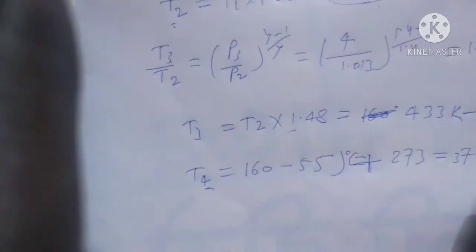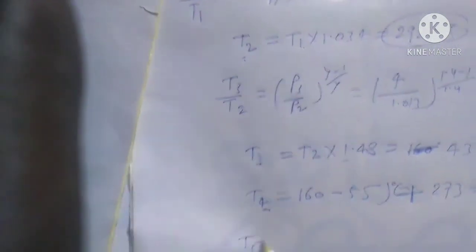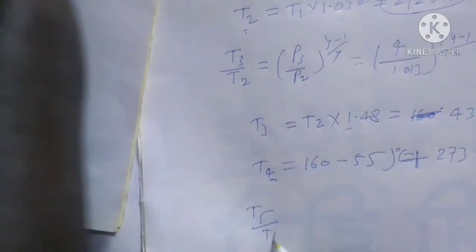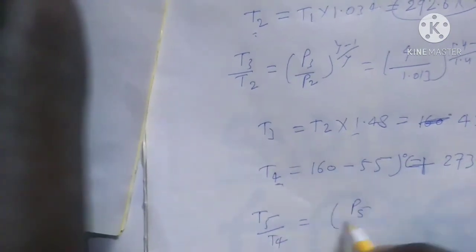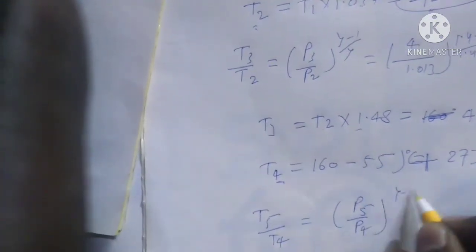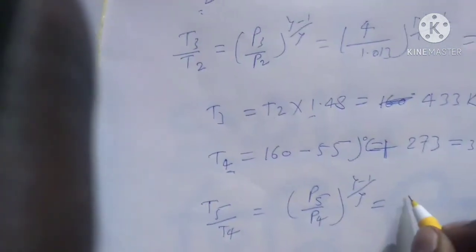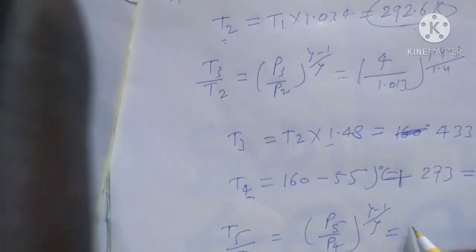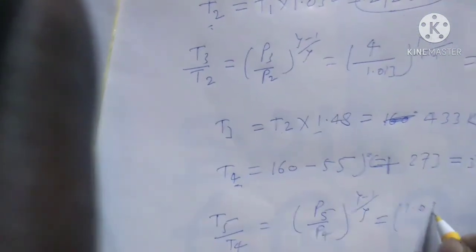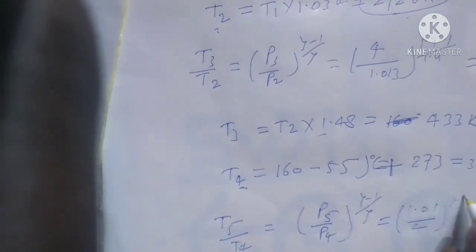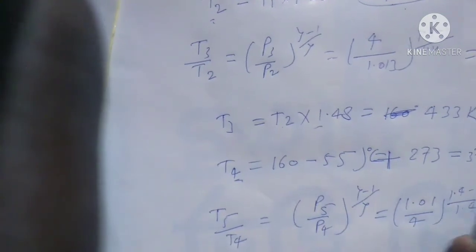T4 is 378 Kelvin, and we know T5 divided by T4 equals P5 divided by P4 raised to gamma minus 1 divided by gamma. You put P5 equals 1.01 divided by 4, raised to 1.4 minus 1 divided by 1.4.